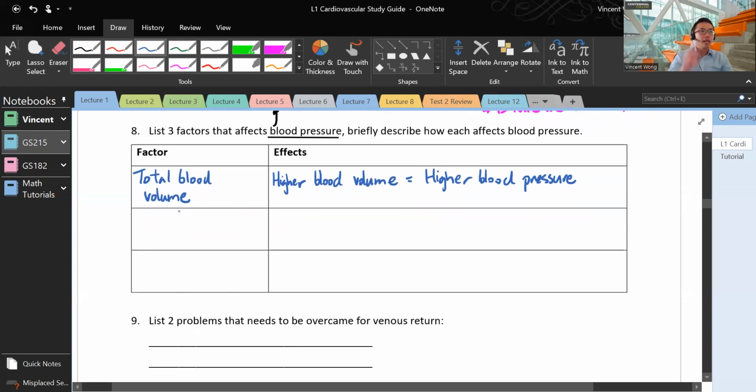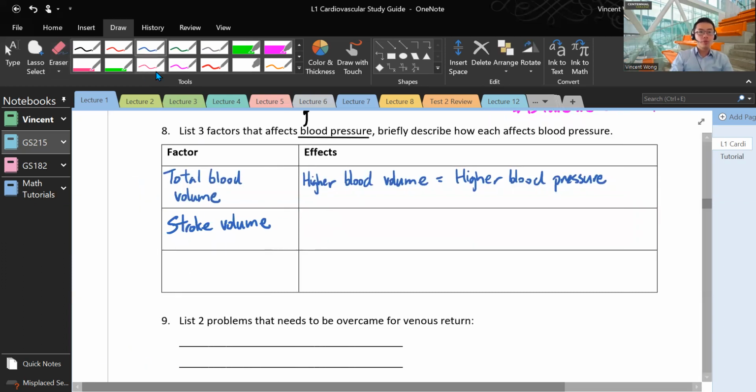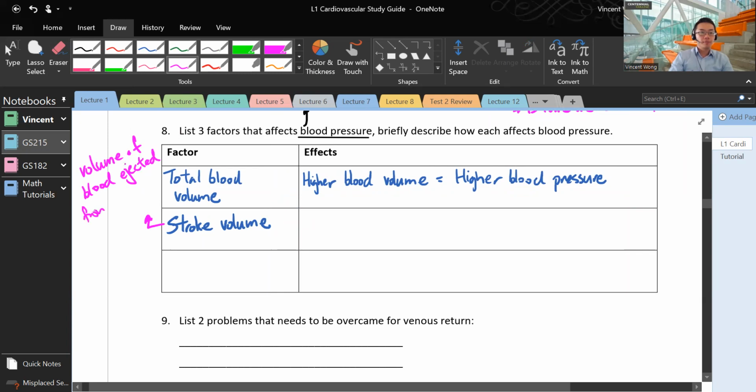Second factor, stroke volume. That is correct. Stroke volume. Okay, and just in case you need a definition for stroke volume, that is the volume of blood ejected from the ventricle per squeeze, right?